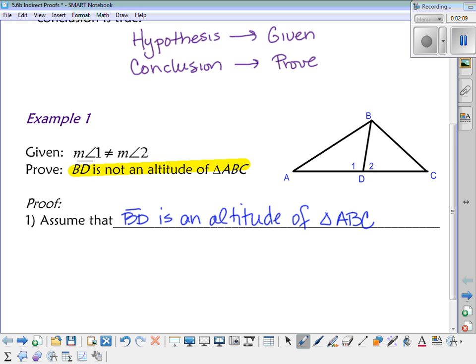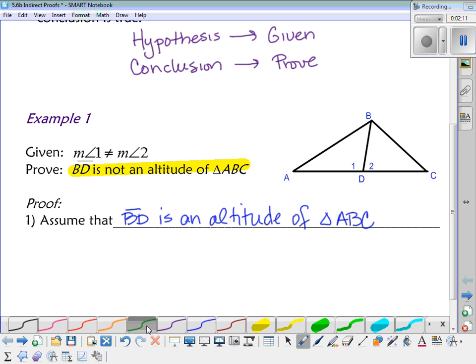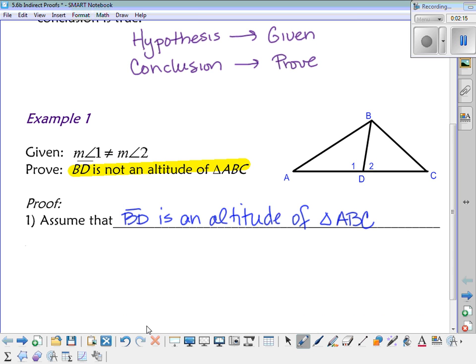Then I think about, well, what does that mean? If it's an altitude, then by definition I know it means that the lines have to be perpendicular. So that would mean that BD would have to be perpendicular to AC by the definition of an altitude.